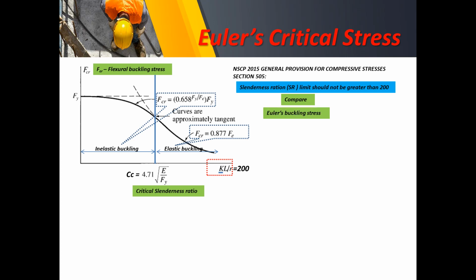So the Euler's buckling stress will be given by Fe is equal to pi squared E all over the square of the slenderness ratio. So critical slenderness ratio is given by Cc equal to 4.71 square root of E all over Fy.